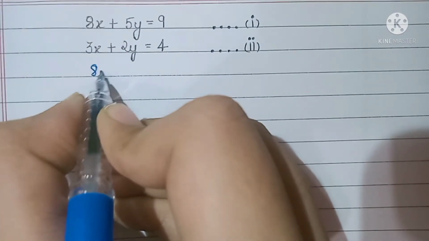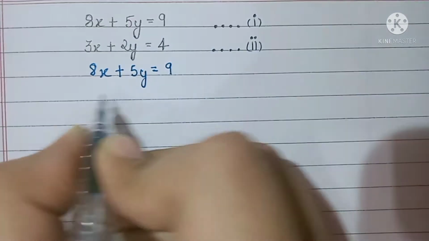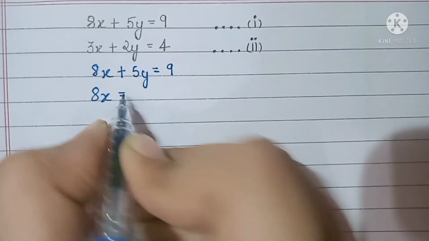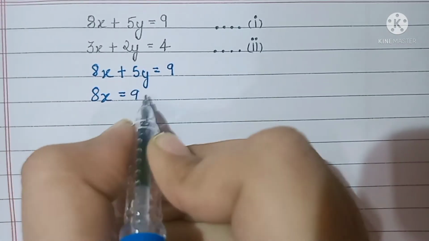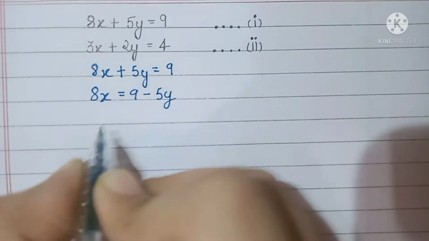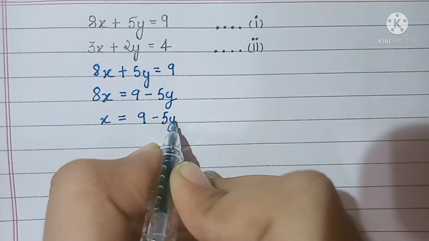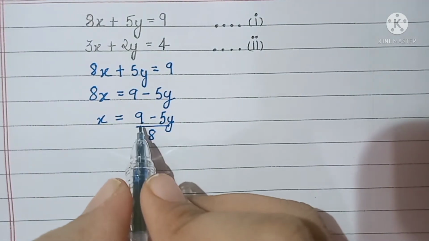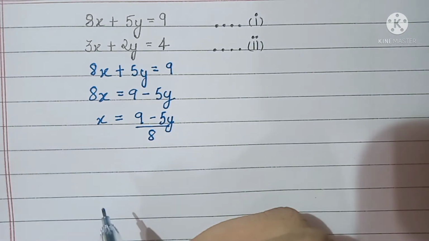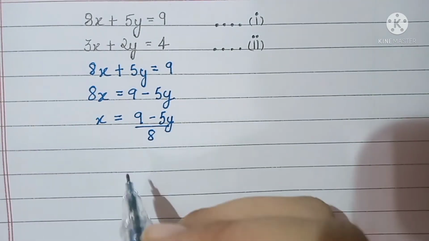So 8x plus 5y is equal to 9. 8x is equal to 9 minus 5y, as 5y will go to that side in minus. 8 will go in division. So the value of x is (9 minus 5y) upon 8. And now we will put this value in the second equation and then substitute.